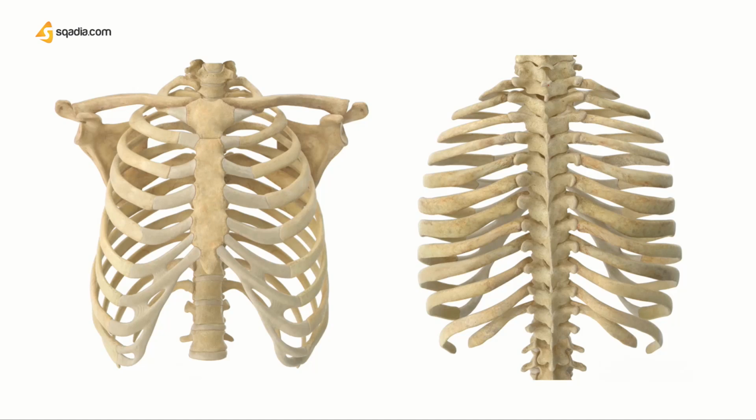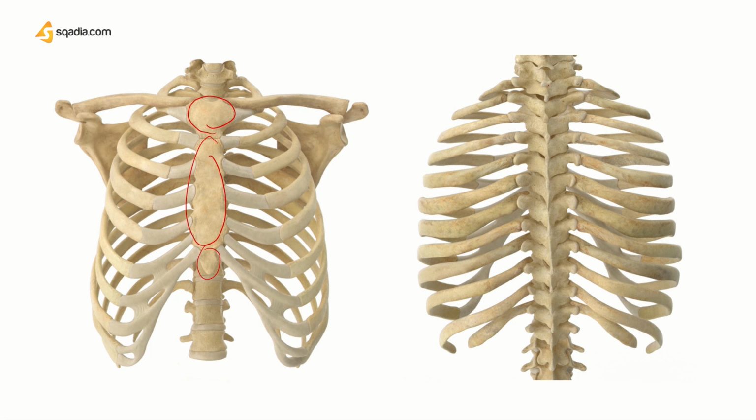Okay, so now that I've enumerated the bones, let's describe the skeleton a little bit with proper terminology. So anteriorly, we have the sternum in the midline with its three parts: the manubrium, the body, and the xiphoid process.